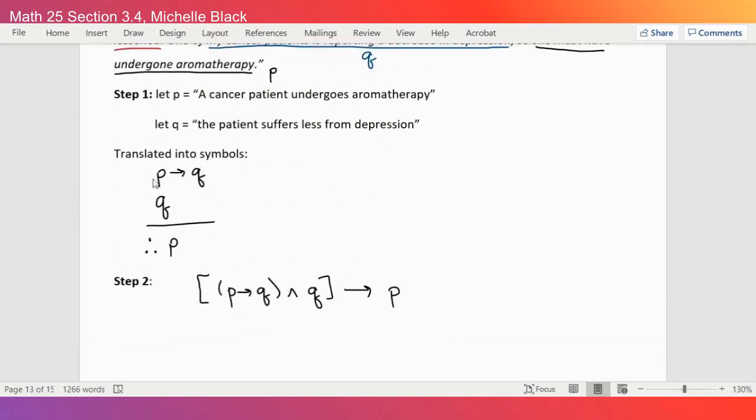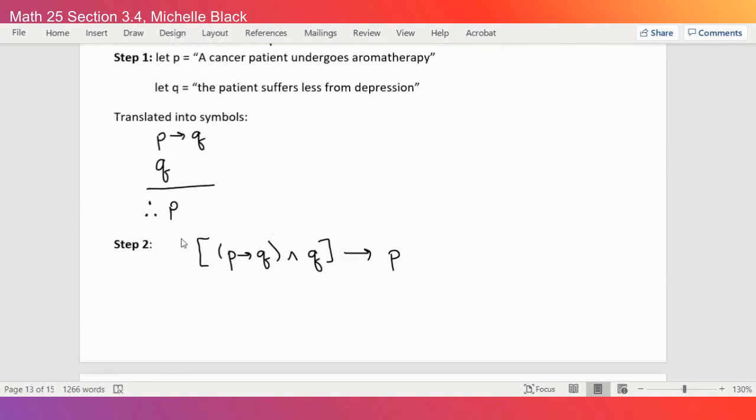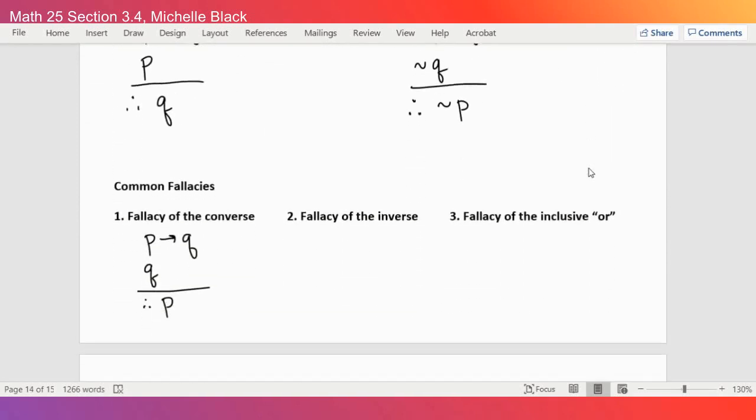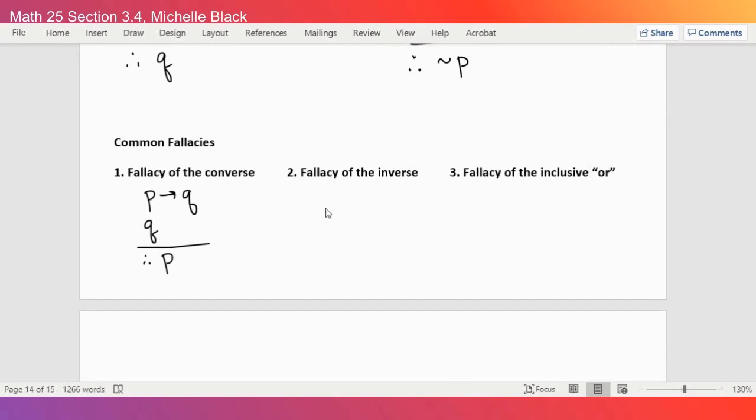We had if P, then Q, and Q, therefore P, and we did our truth table to see that this was not valid. A second common fallacy is the fallacy of the inverse, which says if P, then Q, and not P, therefore not Q.